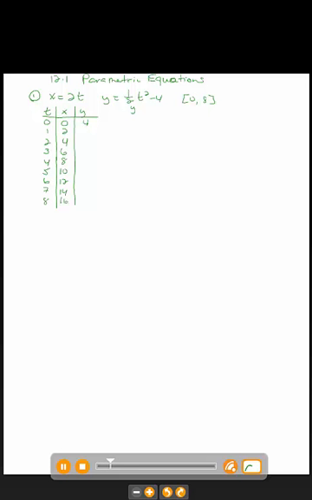On the y's, if I stick in 0, I get negative 4. 1 gives me negative 7 halves. 2 would give me 4 minus 4, negative 2. 3 is going to give me 9 over 2 minus 4, 1 half. 4 is going to give me 16, 8, 4. 5 is going to give me 17 halves. 6 is going to give me 36, 18 minus 4, 14. Then 41 halves, and 28.